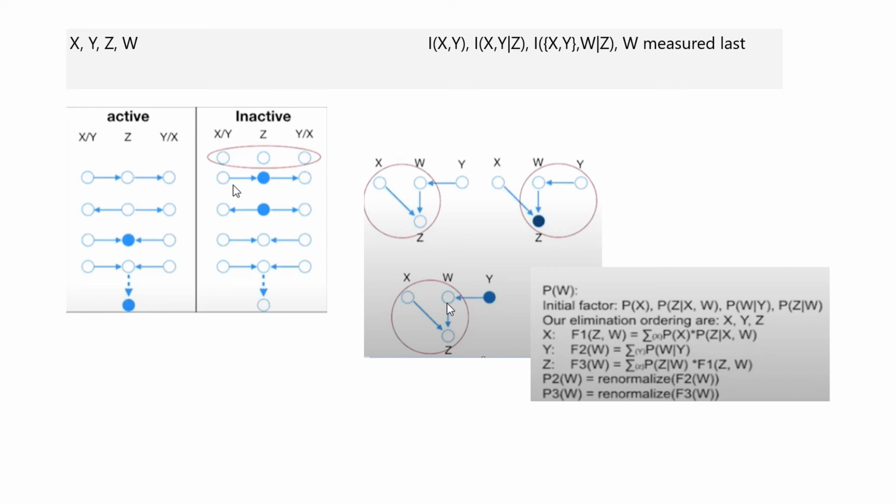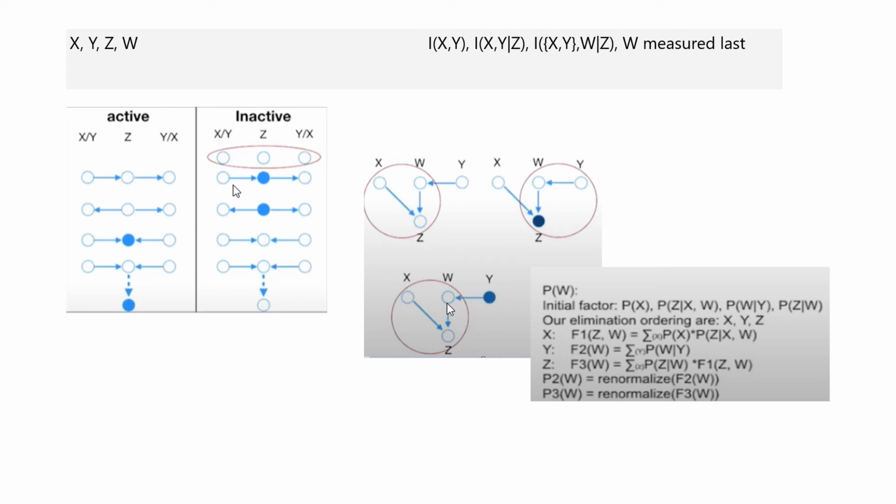So the active part becomes y, where y gives w and that gives z because w given z, and then x gives z. So in the end, each and every path directly gives z in a way. So that's the explanation for the assumption.